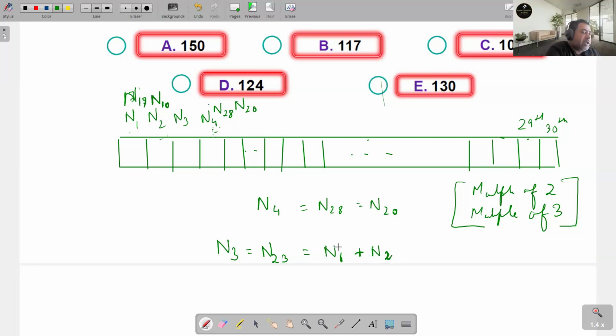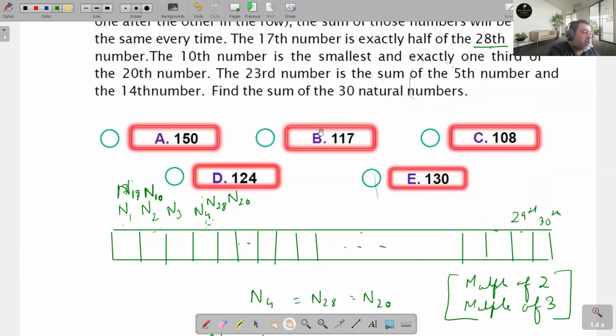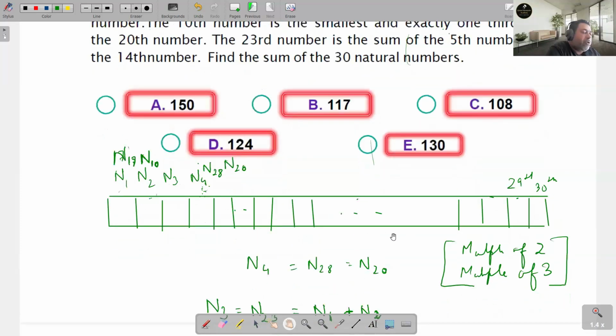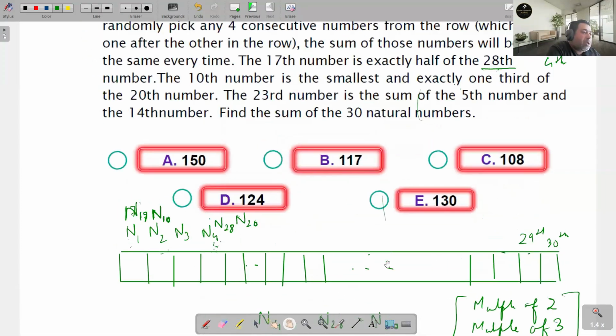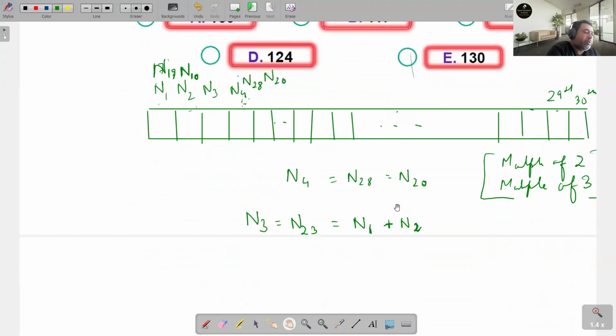And it says that the N4 is 20, the 17th number is exactly half of this. The N4 is double of N1.